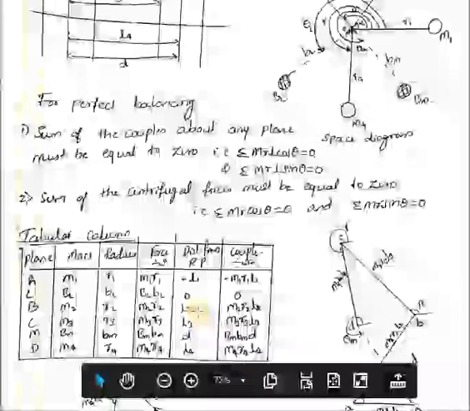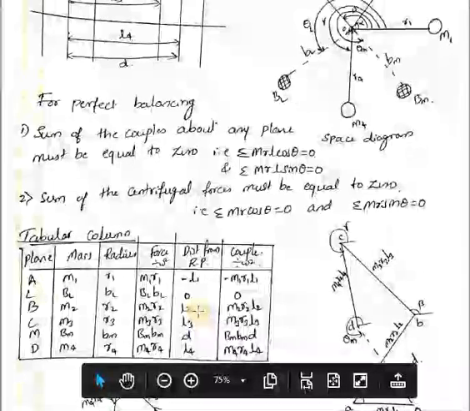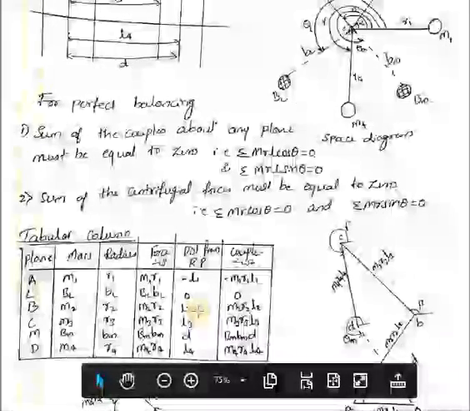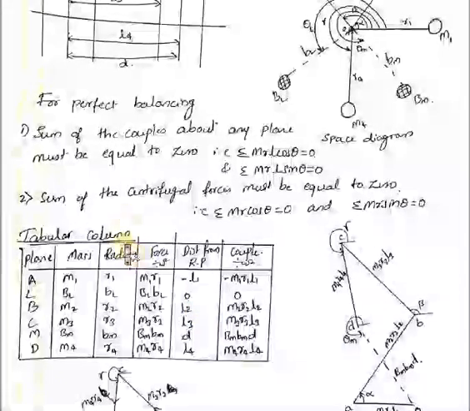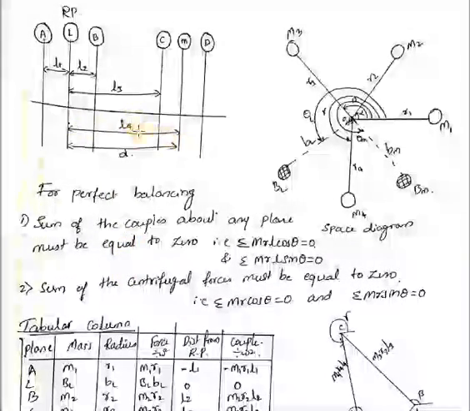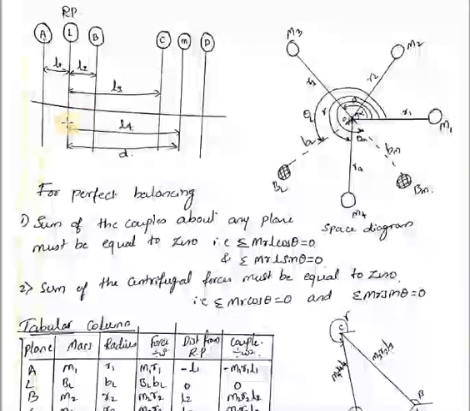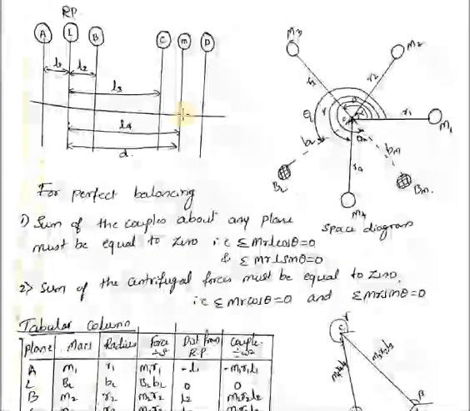While taking the reference plane, you need to take a plane in which you don't know the value. For example, here you have 2 unknown masses, that is BL and BM, which are acting on L and M respectively. So either you can take L as the reference plane or you can take M as the reference plane, which will be easy to solve the problem.